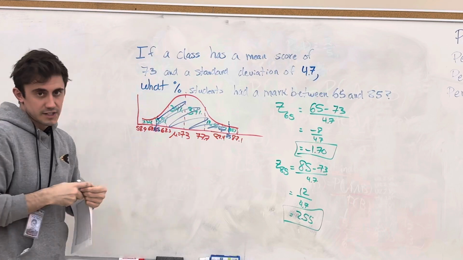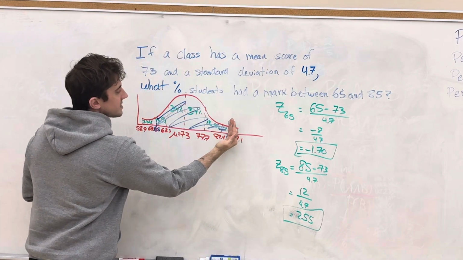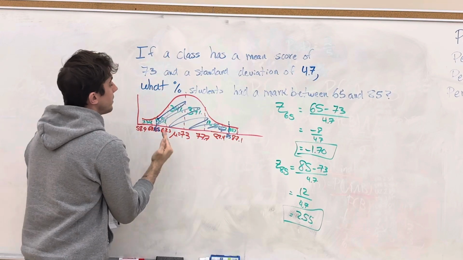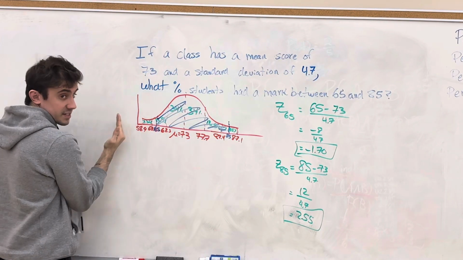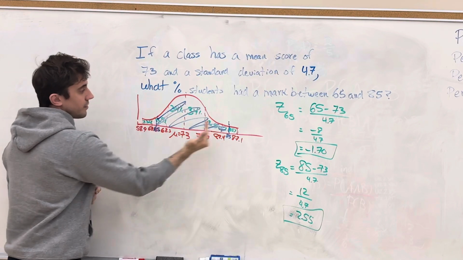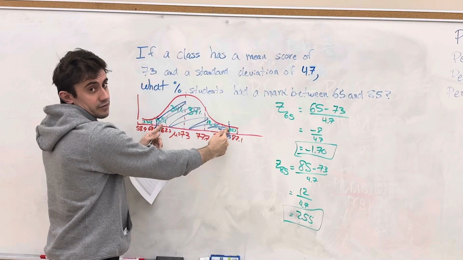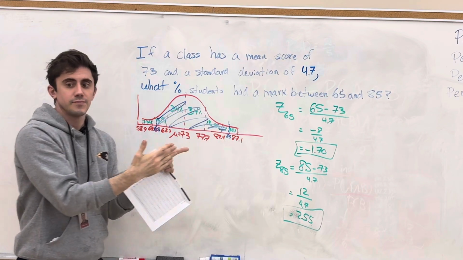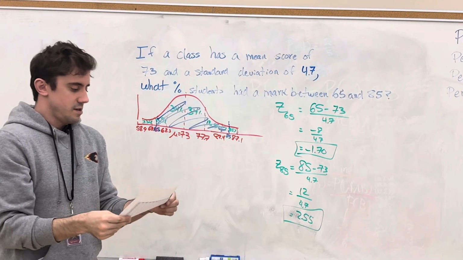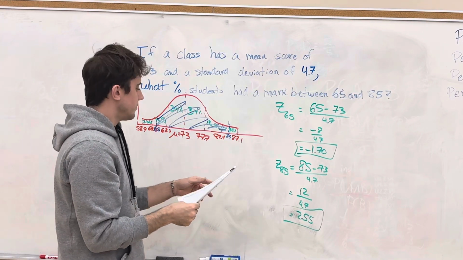So on your z-score table, we know that we've defined the percent that lies to the left of 85. Then we're going to find the percent that falls to the left of 65, and we'll subtract this little region that we don't want from this entire region, leaving us with only our region of interest, the stuff in between, okay? So, if you have a z-score table handy, you can find it online as well.